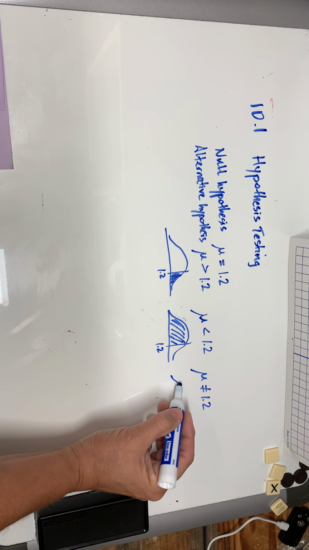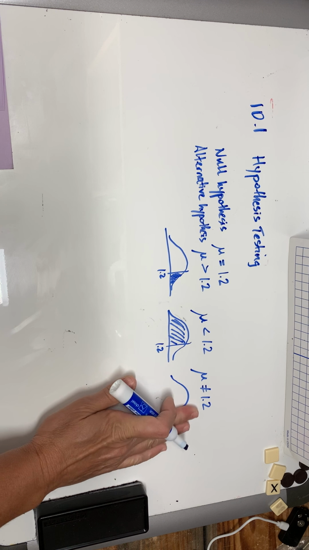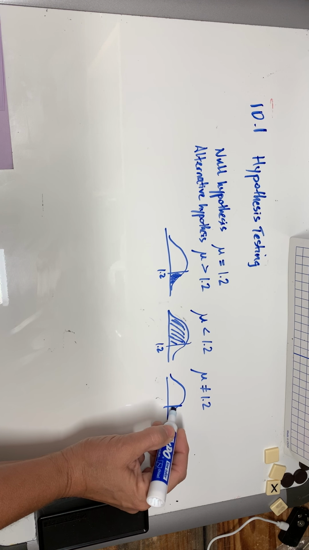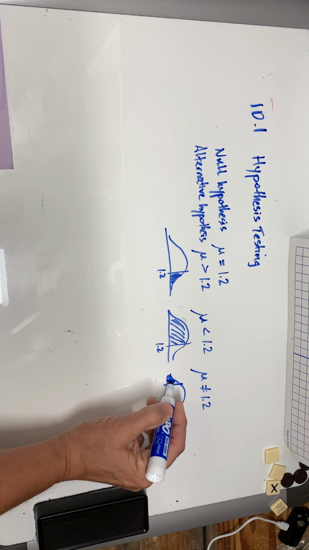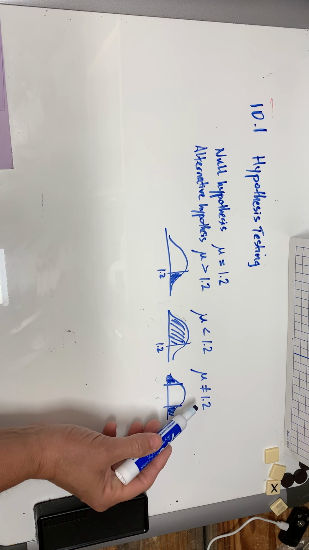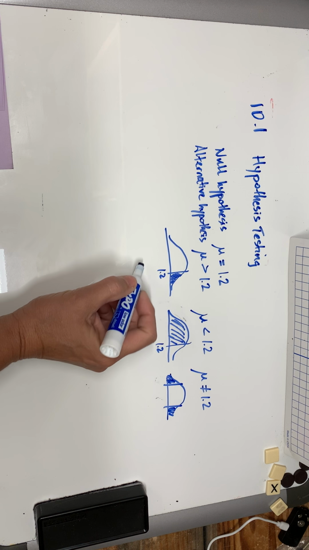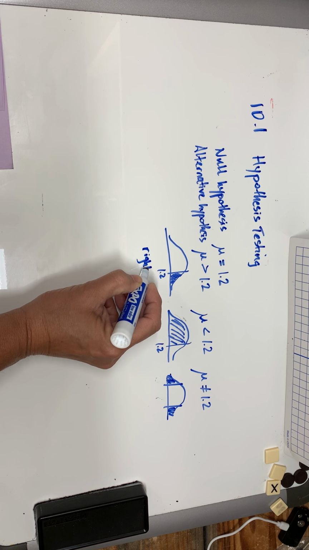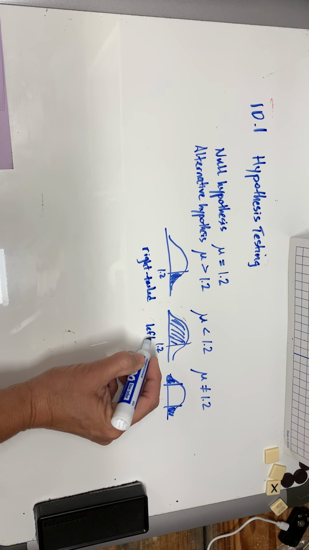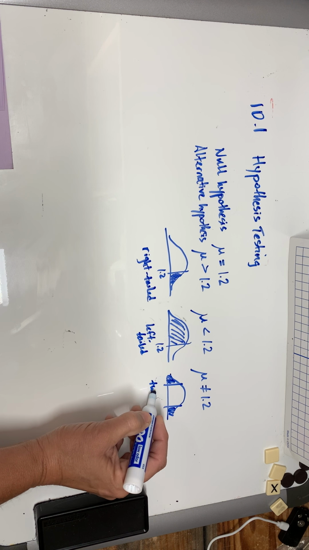Or in this example, you would say, well, I don't know if it's above it or below it. It could be either, okay? So it could be above it here or below it there. And I know this feels a little bit weird, but if you think of this picture, this is what we would call a right-tailed. This is a left-tailed because it's shaded on the left. And this is a two-tailed.